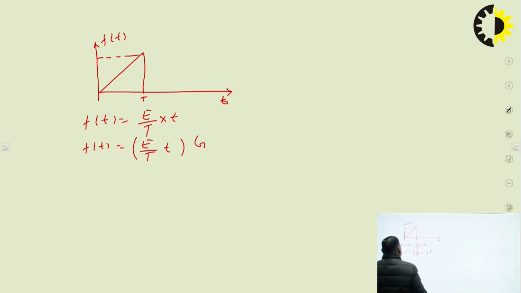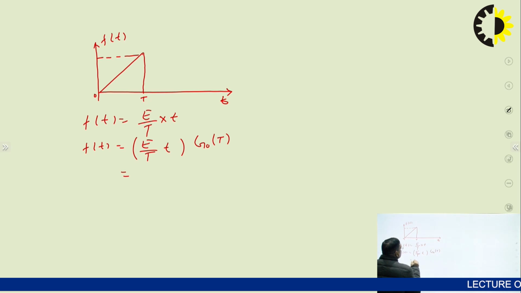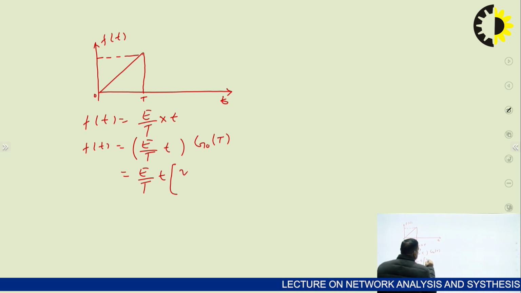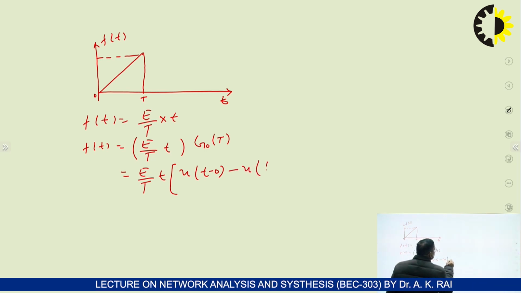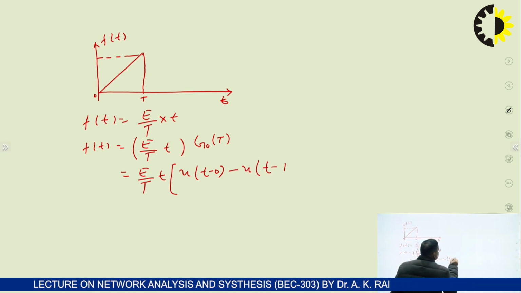What is the duration of gate? So gate will start at t is equal to 0 and last for capital T. So this is G0 and this is T. Okay. So this can be written as (E/T)t [u(t minus 0) minus u(t minus T)].